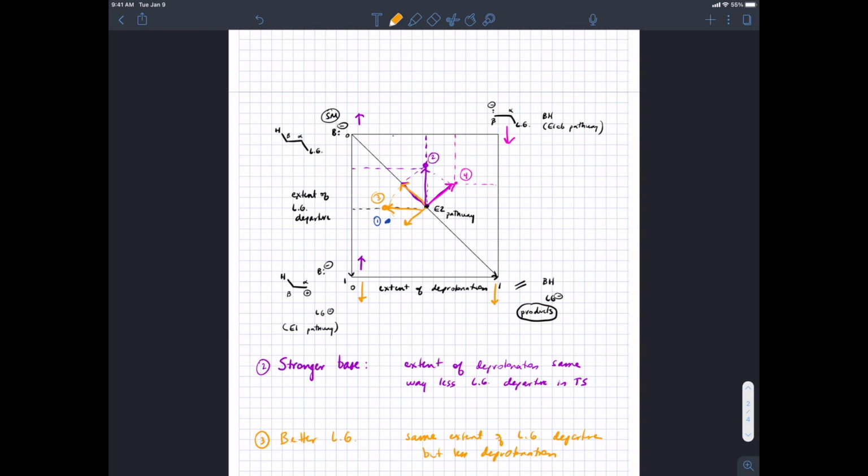Let's think which of these transition states has the most alkene-like character.